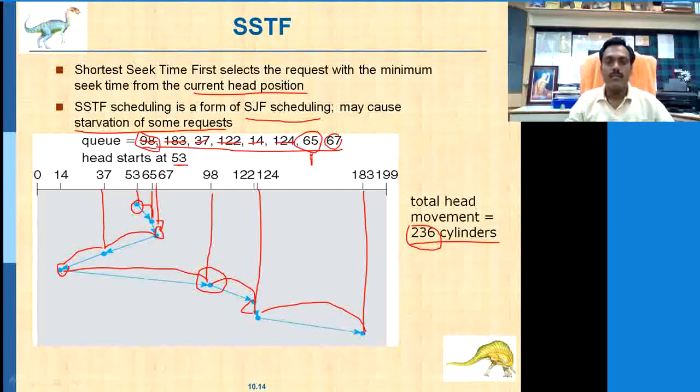If you observe the order of arrival of the requests, 65 arrives last but one, but the service it gets is the very first. And second, 67 is the last request to come into the system, but it gets the chance before this 98, then 122, 124 and 183.